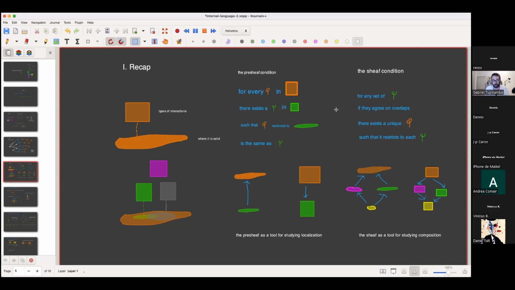And the pre-sheaf condition is saying that if you have a type, and when you look for its substrate, it is actually a subpart, a region of the larger substrate, you actually learn something about the relation between the types, right? So it makes this connection between something that is spatial, like place, like a localization, as you said, and these types, right?